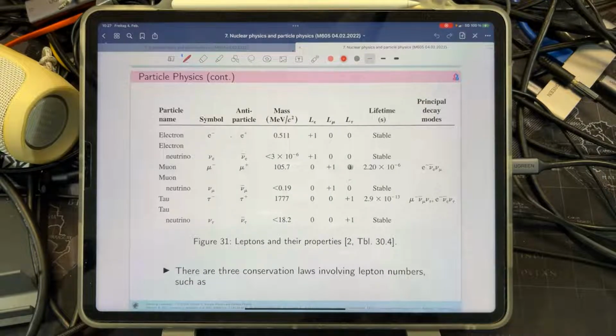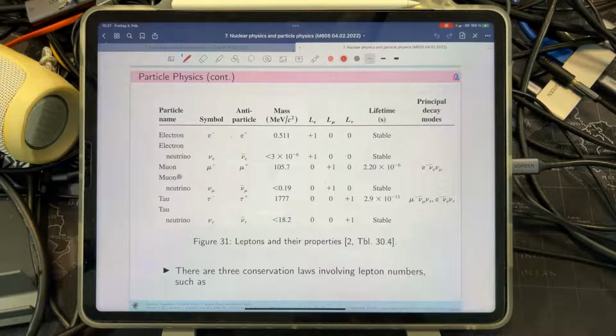Both will have 0 tau lepton number. Regarding the neutrino, the muon neutrino, denoted by nu with subscript mu, or nu bar with subscript mu, would have 0 electron lepton number, and for muon lepton number, both are different.